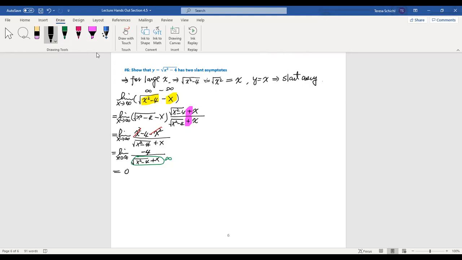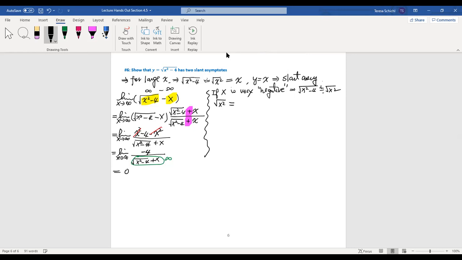Okay, now the second one. Let's take a look. Say x is very large in the negative direction, meaning very negative numbers. Then the same thing: x squared minus 4 is very close to x squared.